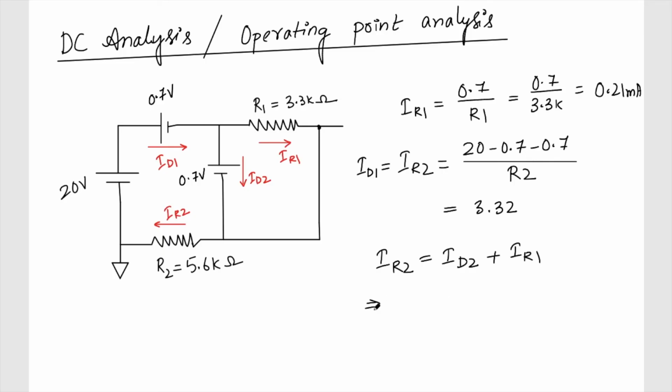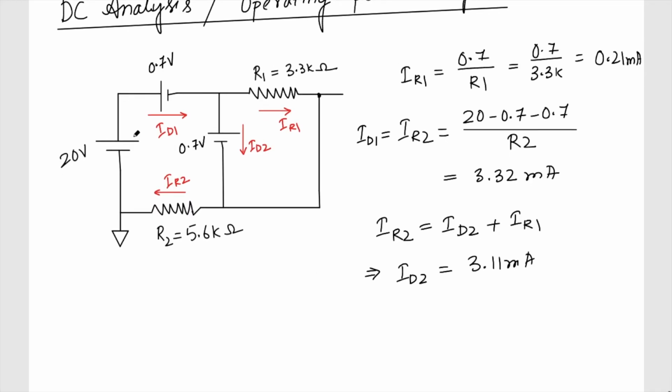So this implies my ID2 will be equal to IR2 minus IR1. So it is 3.11 milliampere. This also milliampere. So now I know the current flowing through this diode D1 and diode D2, and here you can see it is mostly defined by these two resistors.